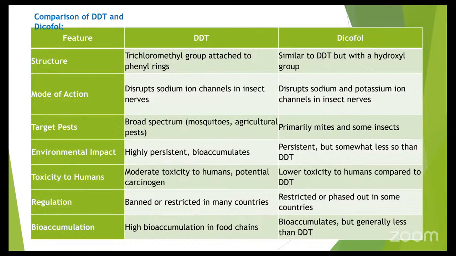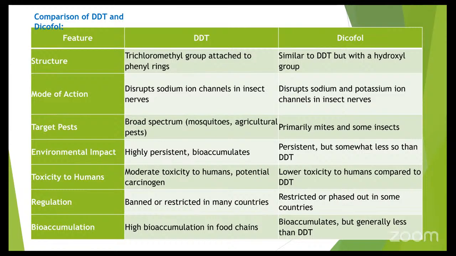Coming to the mode of action, DDT disrupts sodium ion channels in insect nerves, whereas dicofol disrupts sodium and potassium ion channels in insect nerves. The target pests for DDT: it is broad spectrum, acting on mosquitoes and agricultural pests, whereas dicofol acts primarily on mites and some insects.